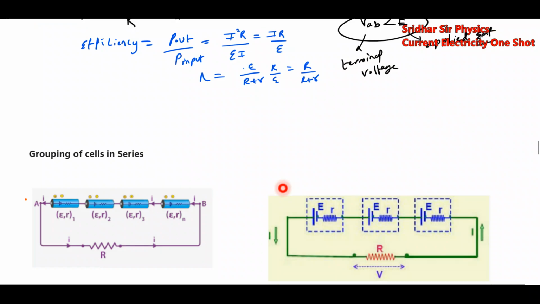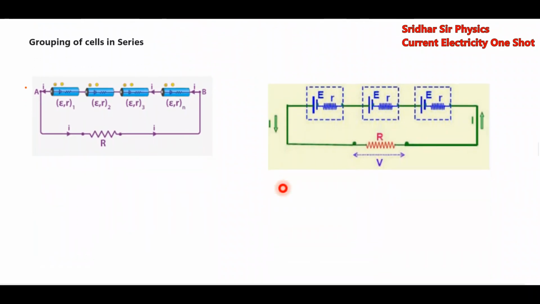Now we'll take the grouping of cells. If the cells are connected in series, you might have come across this. Cells will connect in series like this. Same current I will flow. Then what is the expression for current I? I is equal to nE by R plus nr.